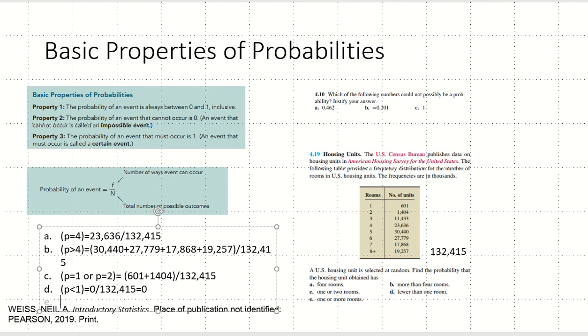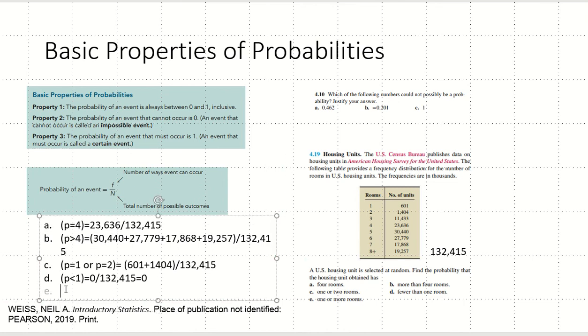And last but not least, it says 1 or more rooms. So it either has 1 room or it has more than 1 room. So more than 1 would be 2, 3, 4, 5, 6. So basically the whole thing.